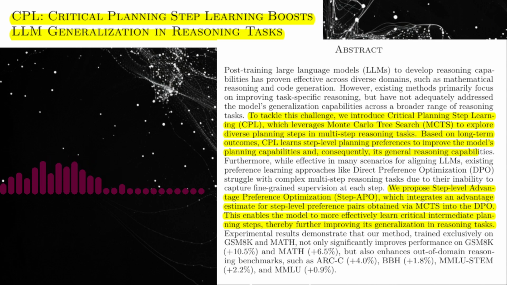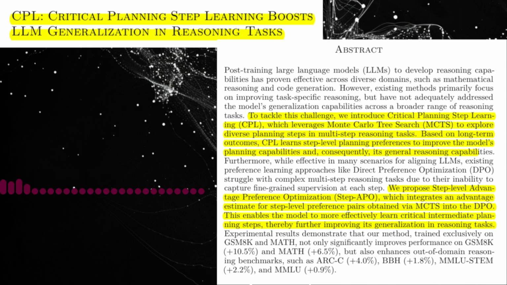How did it perform on other reasoning tasks? Despite being trained only on mathematical datasets, CPL demonstrated significant improvements on out-of-domain reasoning benchmarks like ARC-C, BBH, and MMLU-STEM. This suggests that CPL's focus on learning planning strategies leads to more generalizable reasoning abilities.